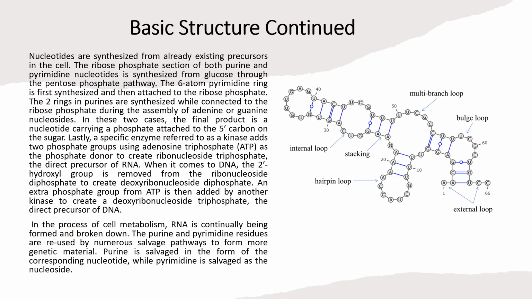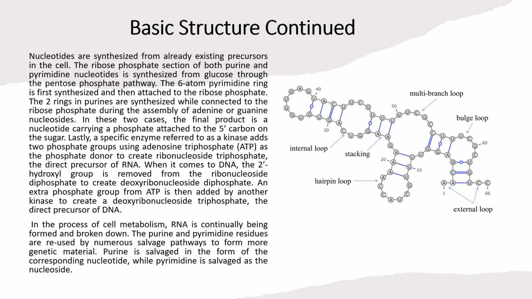Nucleotides are synthesized from already existing precursors in the cell. The ribose phosphate section of both purine and pyrimidine nucleotides is synthesized from glucose through the pentose phosphate pathway. The 6-atom pyrimidine ring is first synthesized and then attached to the ribose phosphate.